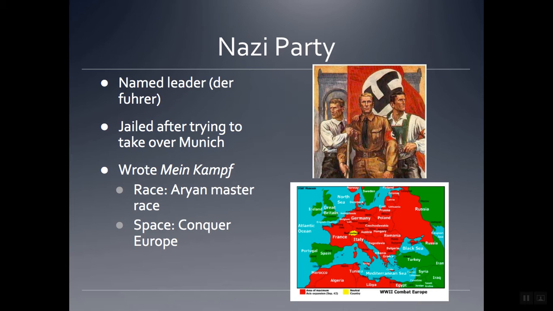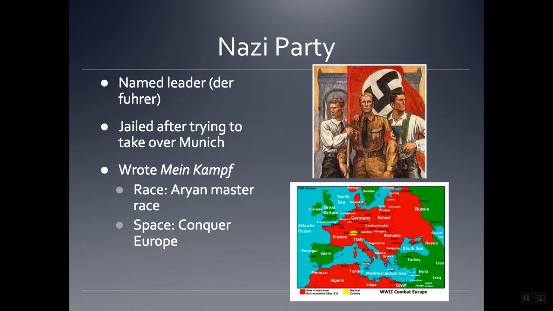And it is his time in jail where he really sits and thinks through his plan for Germany. And he really stews in his hatred of the Treaty of Versailles, his hatred for the situation that Germany was in.